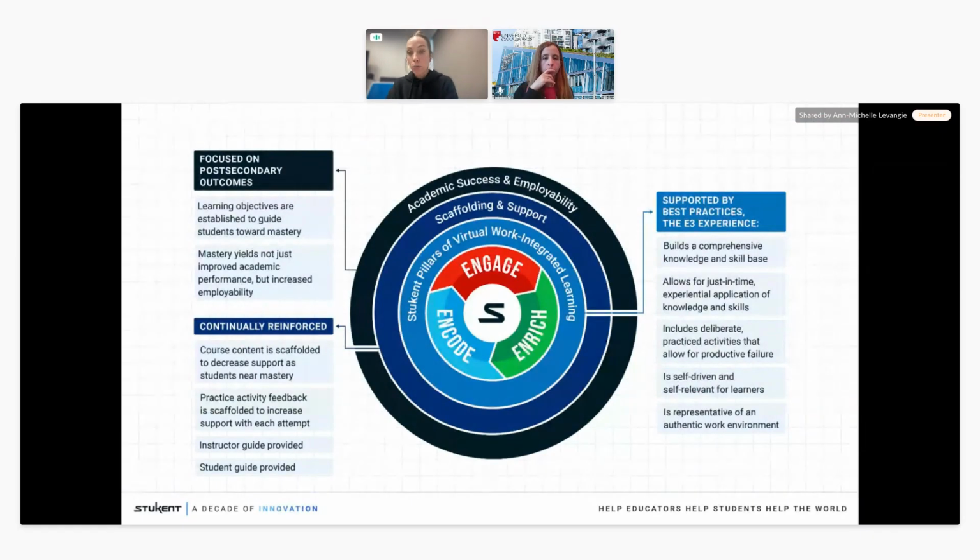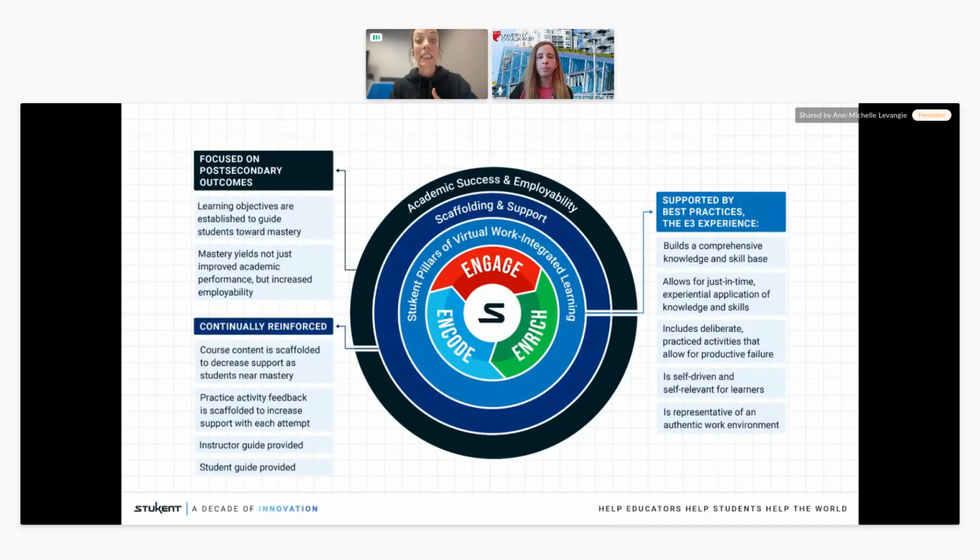And you can see to the right of the slide what we have defined as our Stukent pillars of virtual work integrated learning. So what these try to support is ensuring that at every stage, learning is supported by building a comprehensive knowledge and skill base, allowing for the just-in-time experiential application of those knowledge and skills.